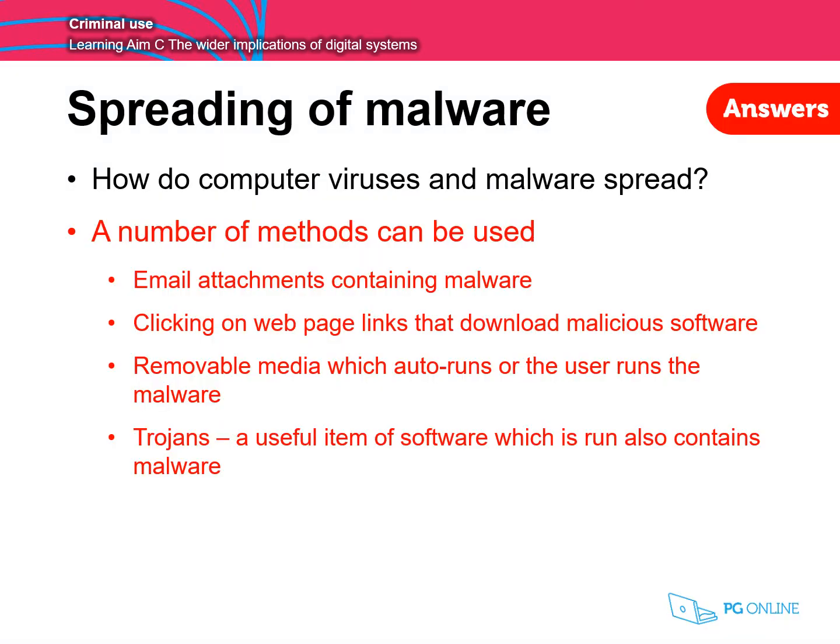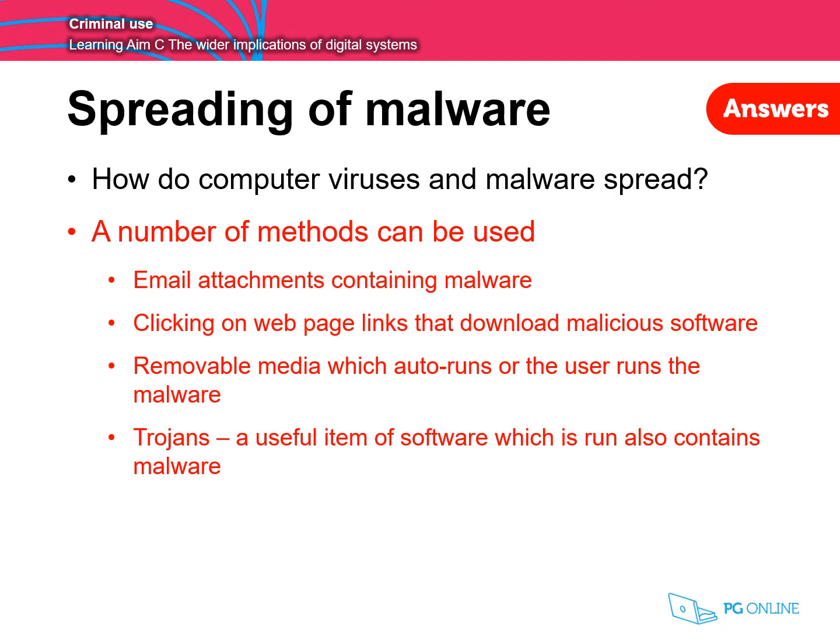There are a number of different ways that malware can be spread on computer systems, and we're going to look at some of these in more detail for the finishing slides of this video. These will be email attachments, which you may attach malware to, so when it's opened and run, the malware is spread. A user may click on a web page that links to a download of malicious software.